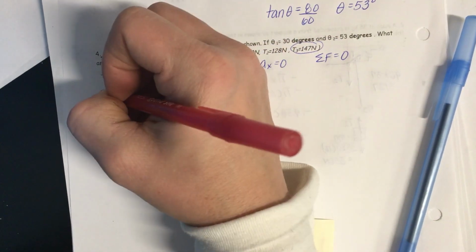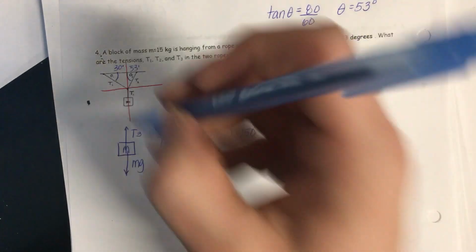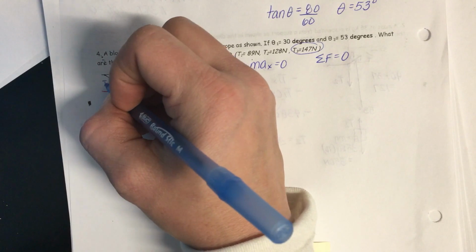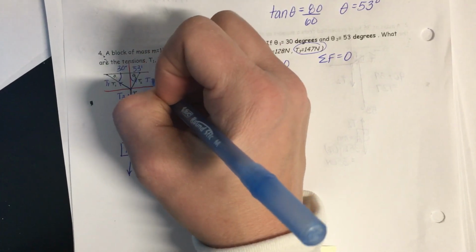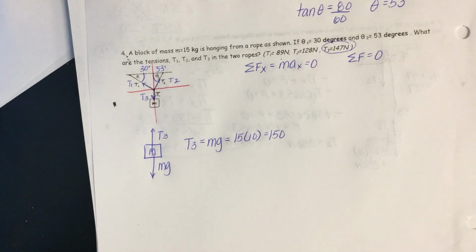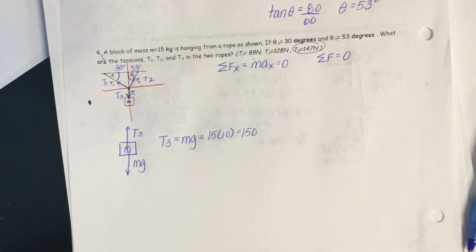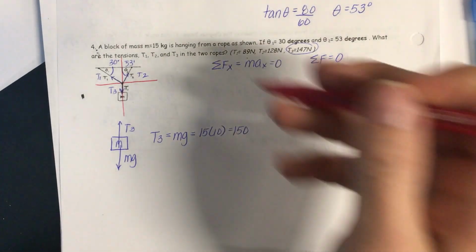So make sure that you draw your axes in. T3 is down, T1 is up, T2 is up. And you are going to split them up into x's and y's.